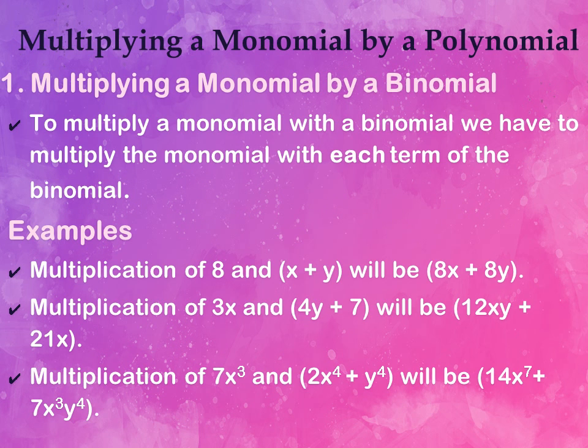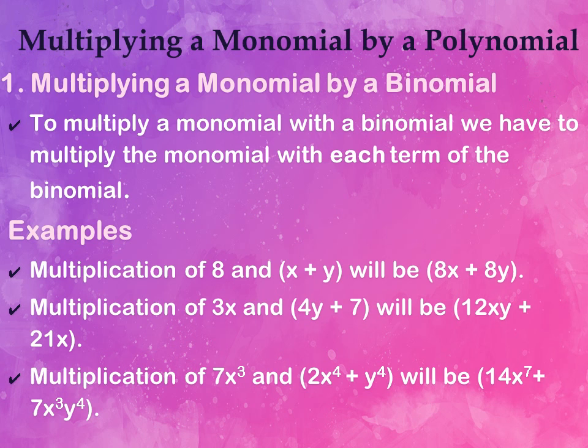Okay, next is multiplying a monomial by a polynomial. So first of all, multiplication of a monomial by a binomial. So students, as you know, an expression having one term is a monomial and an expression having two terms is a binomial. So to multiply a monomial with a binomial, we have to multiply the monomial with each term of the binomial.